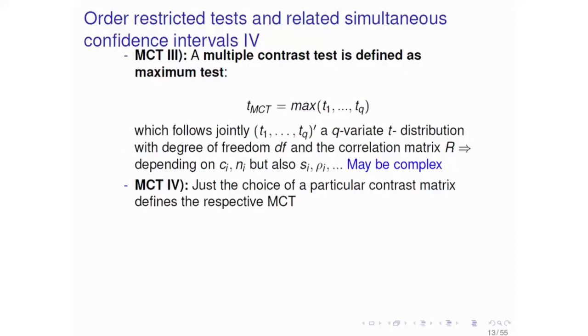And then we have some of these tests, not only one, because we have some possible alternatives, and we simply take a maximum: the maximum of T1 to TQ. You will see in a minute in a slide which ones and how many.